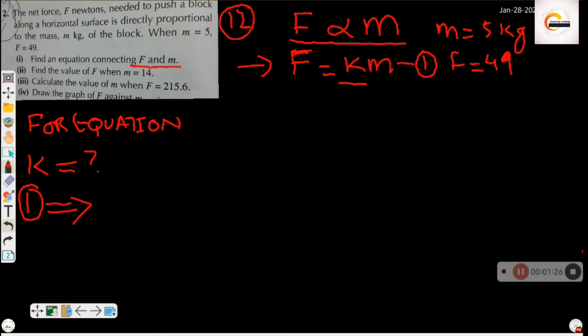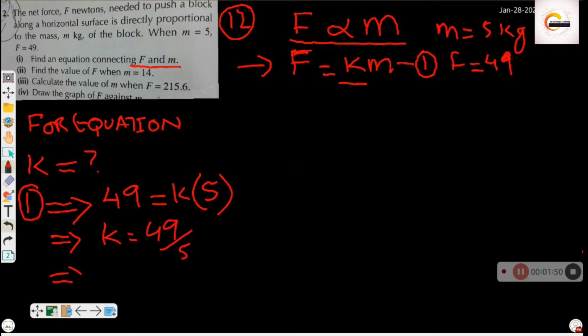What will happen to our equation 1? Putting in the values, 49 is equal to k into 5. So k will become 49 upon 5. Very simple. 49 divided by 5 becomes 9.8.